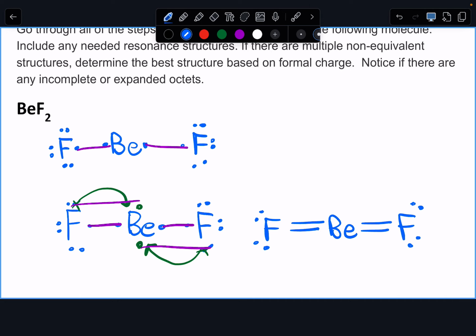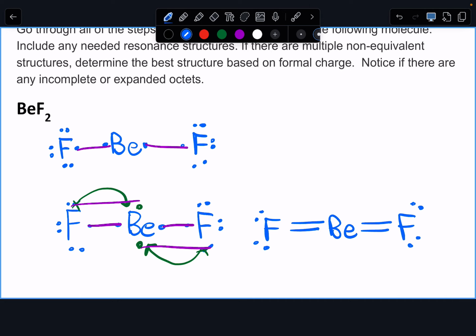But I'm telling you, this will not happen with beryllium, boron, and aluminum. It will happen with carbon, oxygen, nitrogen, and fluorine, if those are the only atoms. Obviously, fluorine's in here. But because there's beryllium in there, underfilling is going to happen for that beryllium.